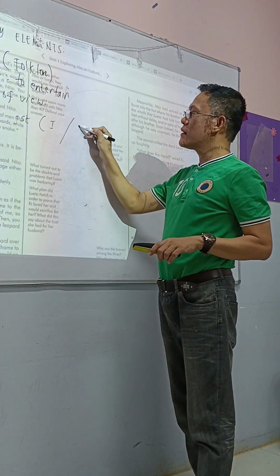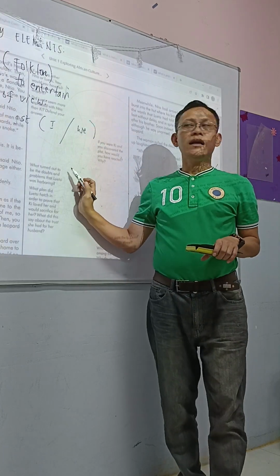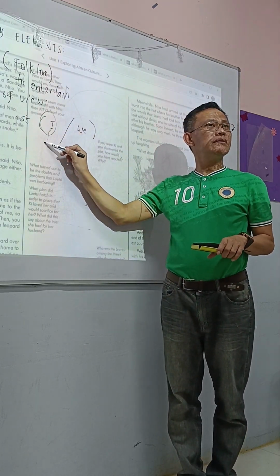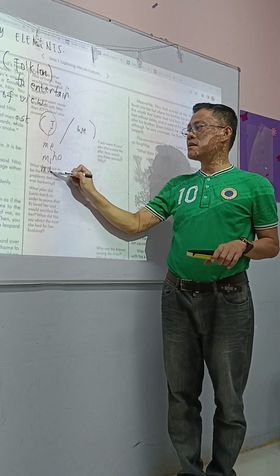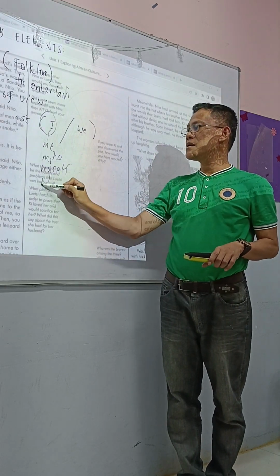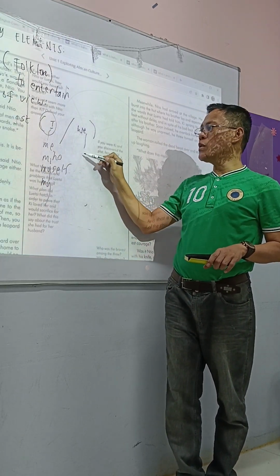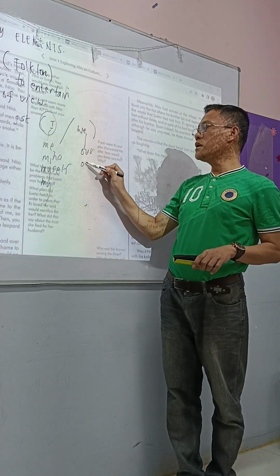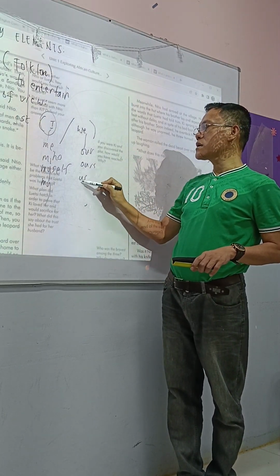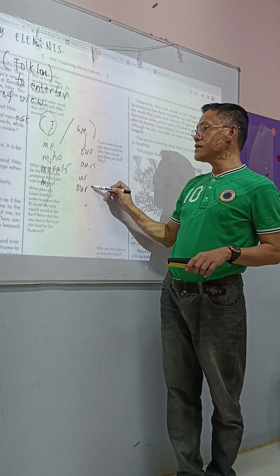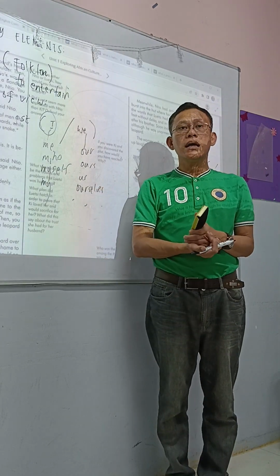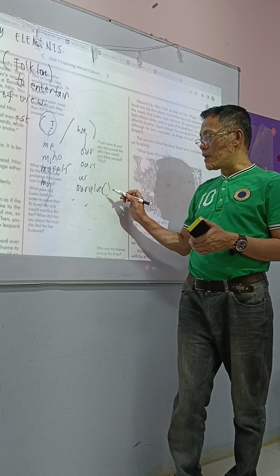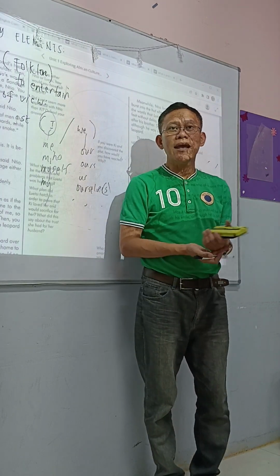I am, we. In I we have me, mine, myself. In we have our, ours, ourselves, with or without s, correct, okay?